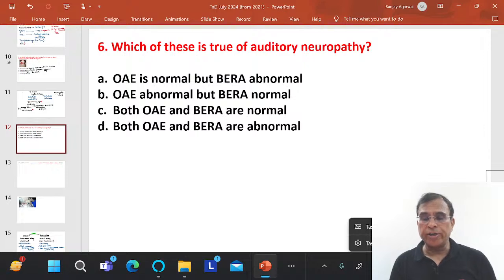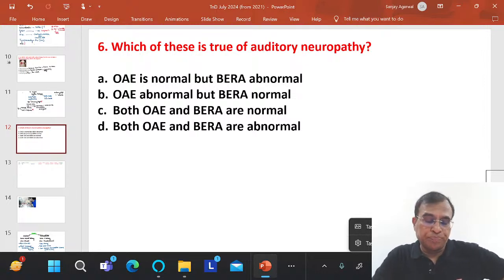Which of these is true of auditory neuropathy? A, OAE is normal but BERA is abnormal. B, OAE is abnormal but BERA is normal. C, both are normal. D, both are abnormal. So auditory neuropathy, which of the following will be true? What do you have to say? I'm waiting for your answers. I want you to answer this question so that if need be, we can discuss.